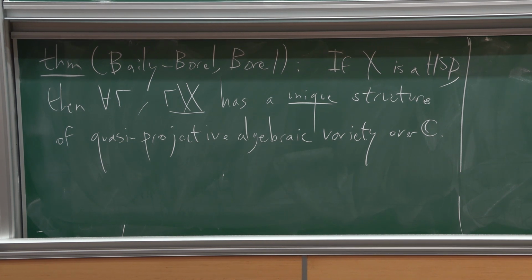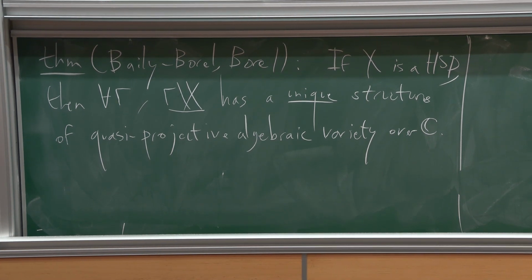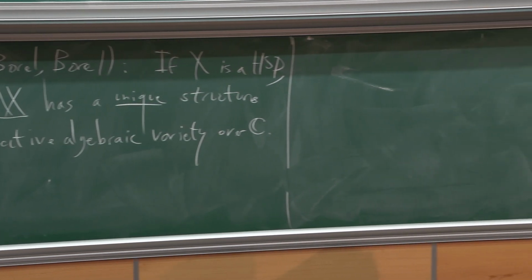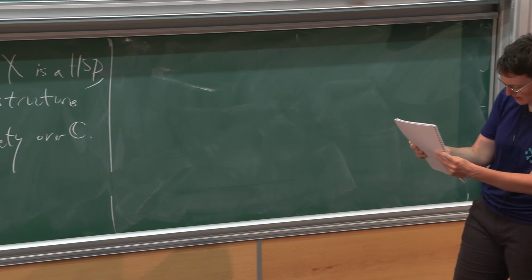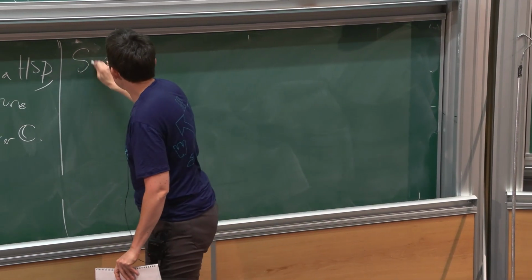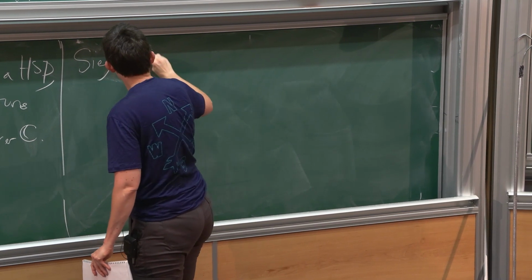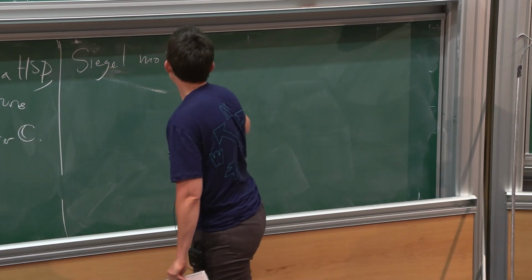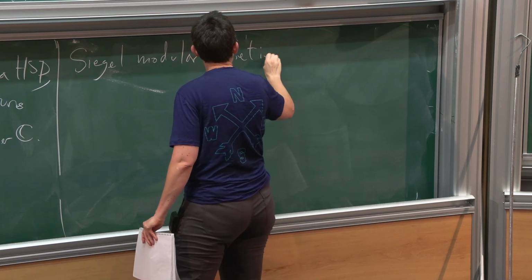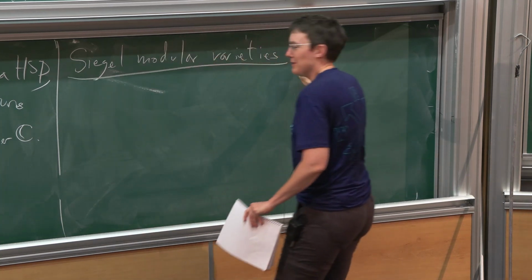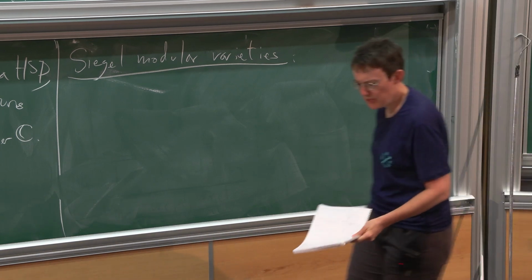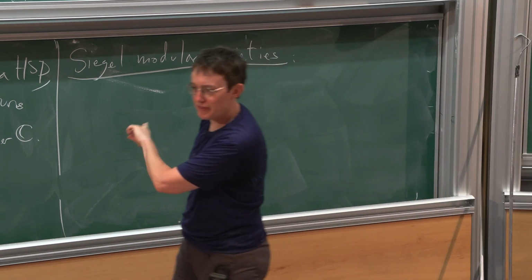Right. So let's see. What can I do? Maybe if I'm at peace with not formally introducing Shimura varieties today, I can talk about an important example. So we finished question 1.